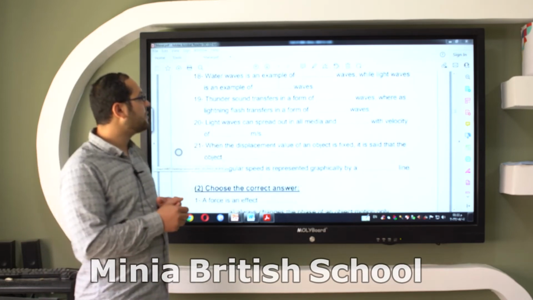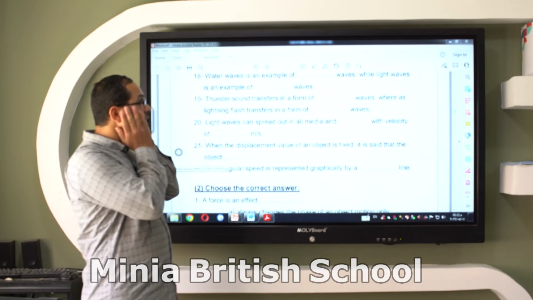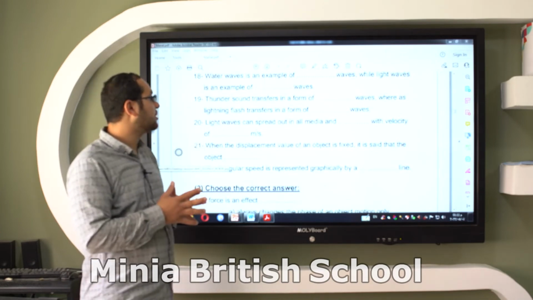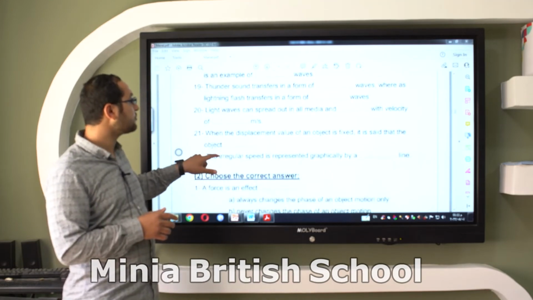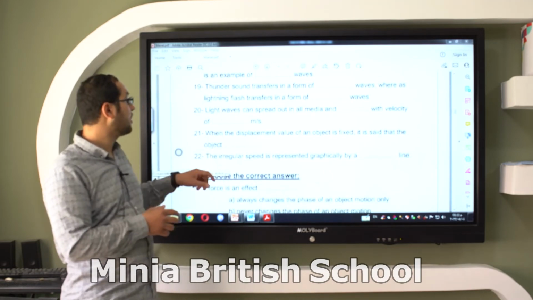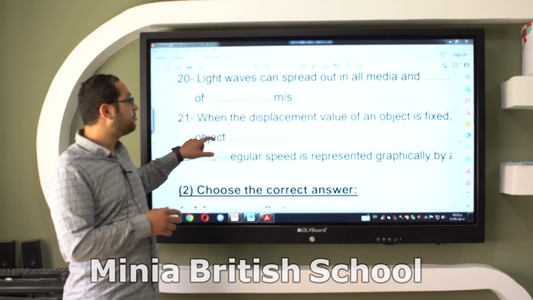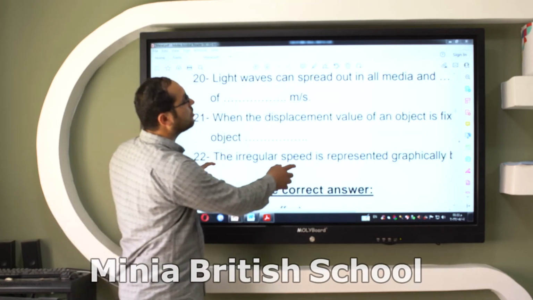Thunder sound transfers in the form of sound waves, whereas a lightning flash transfers in the form of electromagnetic waves.